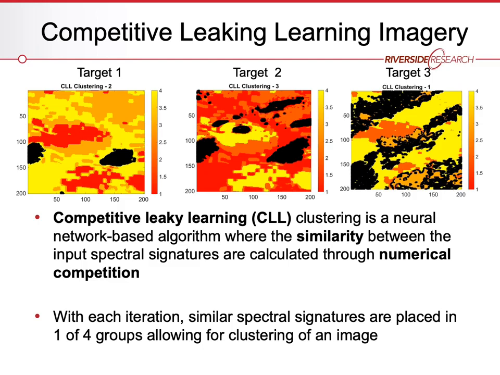So each of these pixels in this image is grouped into one of four different groups. By doing this grouping, you can differentiate between the bloodstained cloth, which is shown here in the first target, and a camouflage cloth, which is shown here.